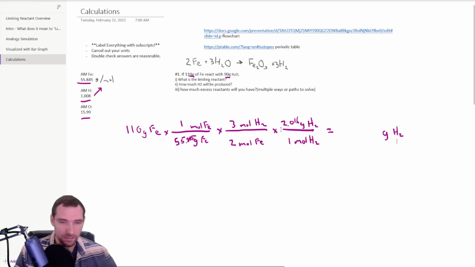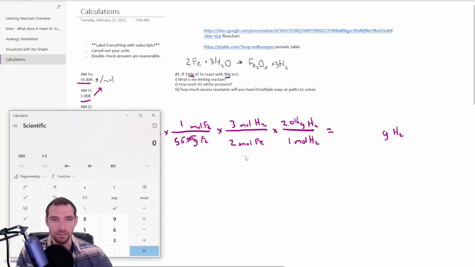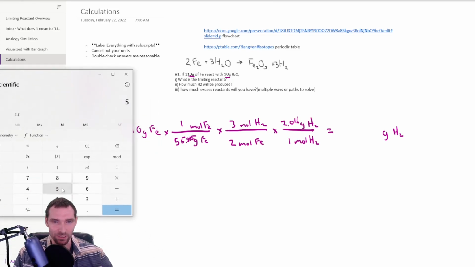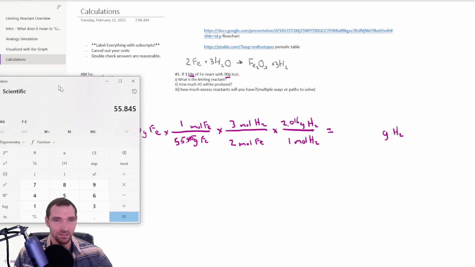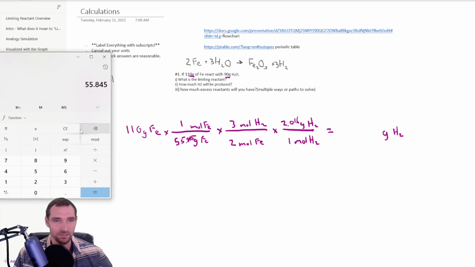So why don't we go ahead and get the calculator out, and we can do that. I love my Wacom tablet. I've got a couple shortcuts on there which are so good. So actually, hold on. 110 divided by 55.845. This is why you got to write out your work, because sometimes you do the wrong operation and you got to double check.